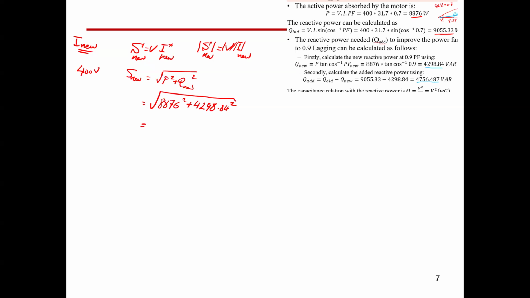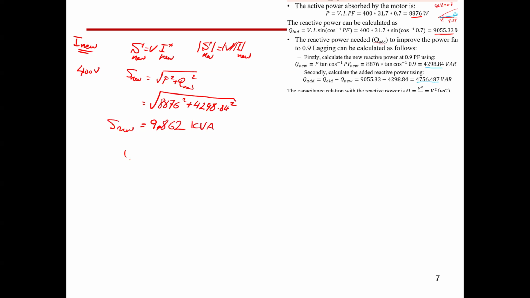So 8876 square plus 4298.84 square, all under square root. So the result is 9.862 kilovolt ampere. So this is the new S.